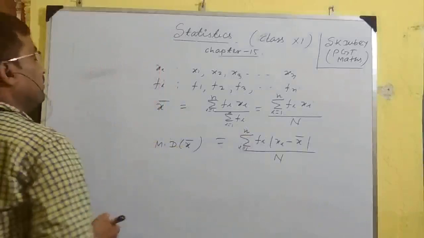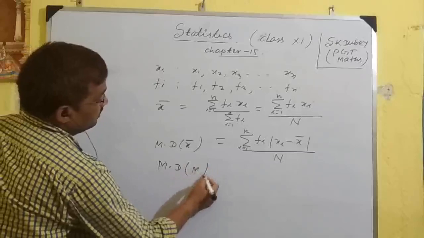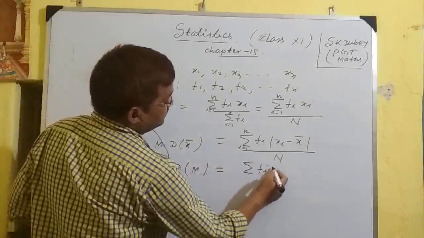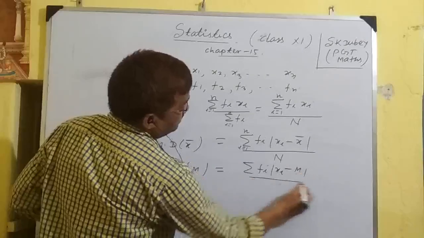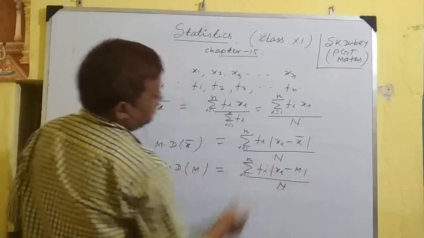Similarly, the mean deviation about the median will be calculated as the summation of fi times the modulus of xi minus M, divided by n, where i varies from 1 to n.